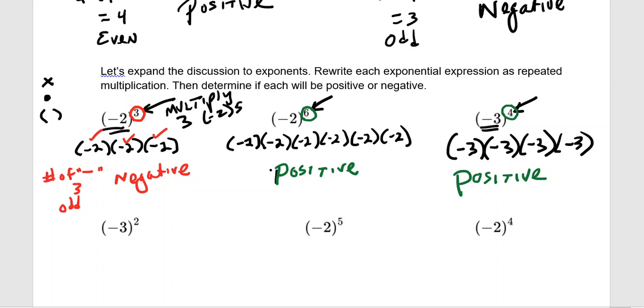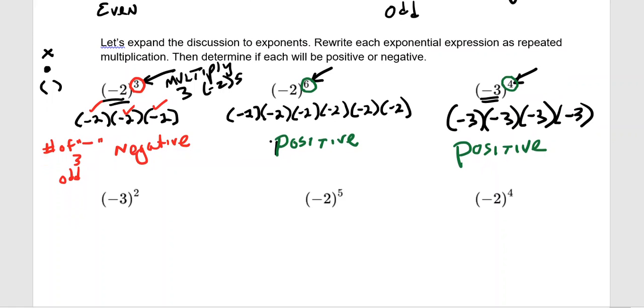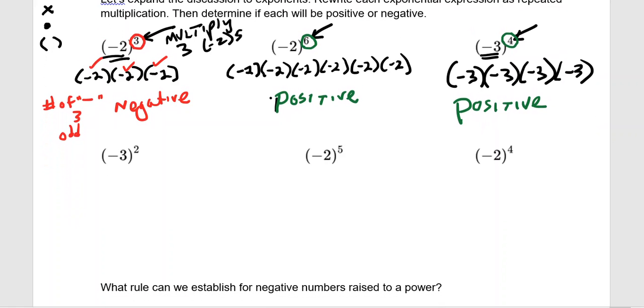So is it possible that we might be able to do this analysis of a positive or a negative outcome without writing? Well, let's look at the exponent. 2 as an exponent is what type of number? Even. If I were to write out the amount of negative 3's being multiplied, it would be an even amount.